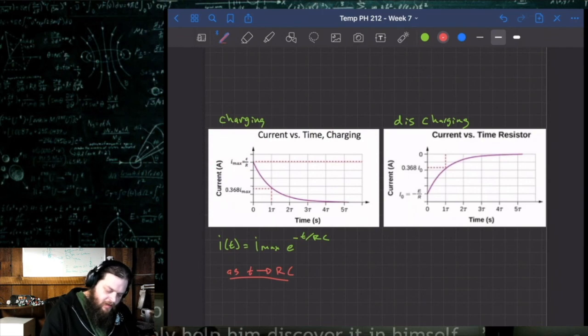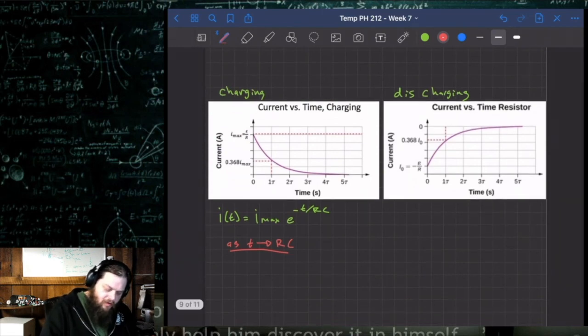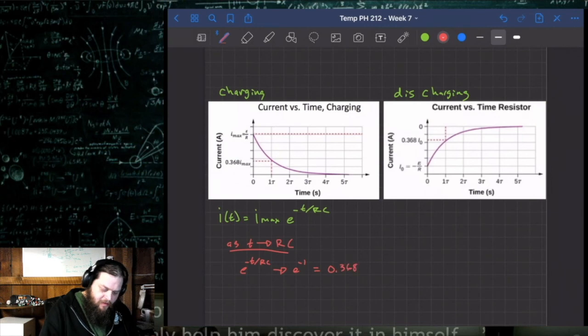So again, as t approaches RC, as it approaches the time constant tau, we can see the behavior of this acts similar to a discharging of the charge, where e to the negative t over RC is going to approach e to the negative 1, which is about equal to 0.368. So multiplying that by the maximum current that could happen. Notice the maximum current is when there's no charge on the capacitor and it's charging up, so the current's flowing as fast as it can.